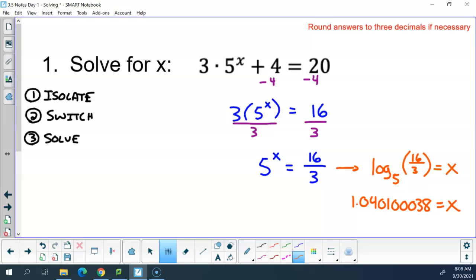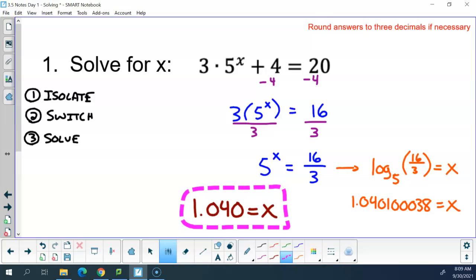It said way up in the far corner that we should round our answers to 3 decimal places if necessary. So I would go here: 1.040 is equal to x. We can always check it.